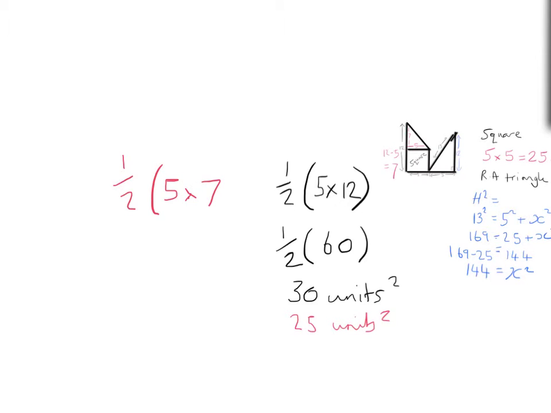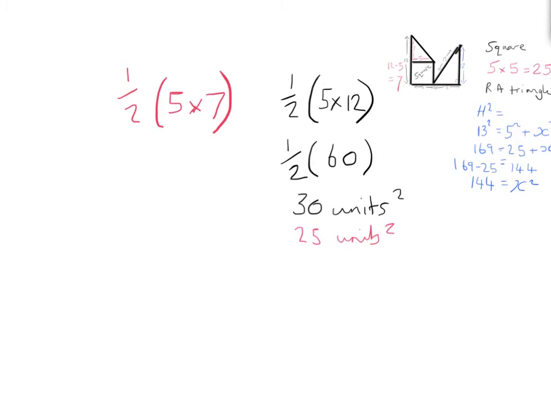Now I keep saying half the base times the height, but I'm actually writing half of base times height. It will give you the same answer. You can test it yourself if you want. 5 times 7, 35. Half of 35, 17.5 units squared. We don't know what the units are, so I'm just keeping them as units at the moment.